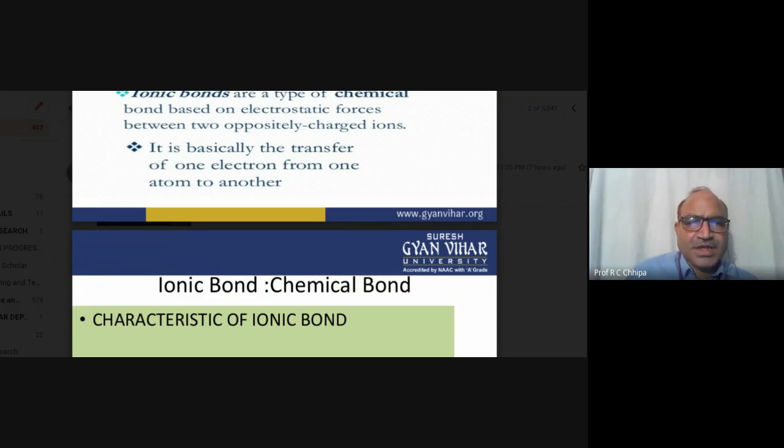So basically there is the transfer of one or more electrons. In aluminum chloride, 3 electrons are donated, transferred from aluminum to 3 different chlorine atoms. Sodium chloride is NaCl, calcium chloride is CaCl2. Two chlorines are needed to complete the compound calcium chloride.